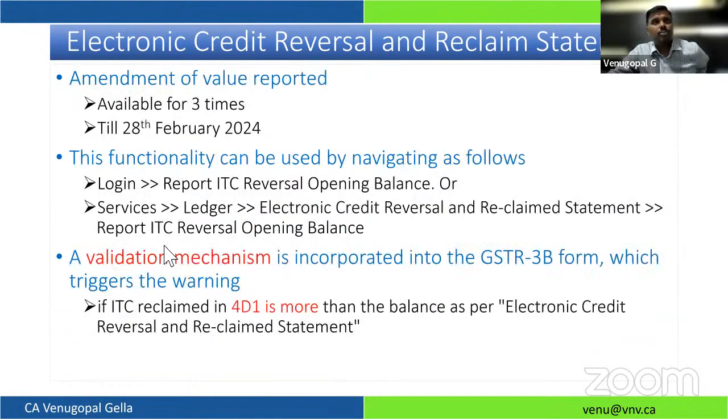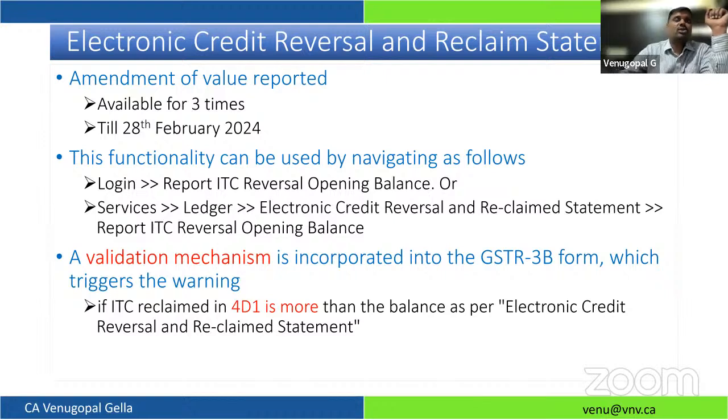They have also put a validation mechanism that at any given point of time, your 4D1 should always be lower than 4B2, because 4D1 is utilization. Whenever 4D1 is more than 4B2, you will get a notice. A validation mechanism has been put in.